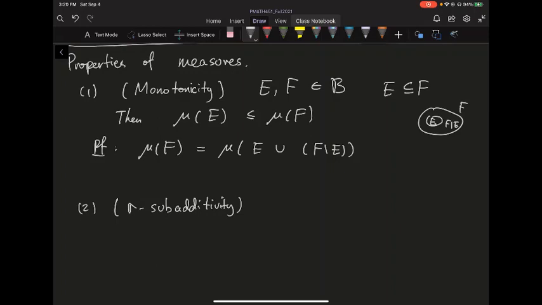And from our properties of sigma algebras, we know this set difference F take away E is measurable. So E and F take away E are disjoint and they're both measurable.